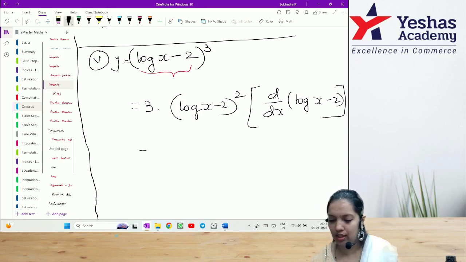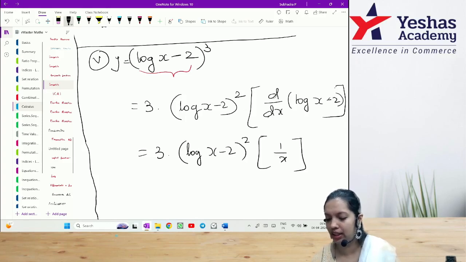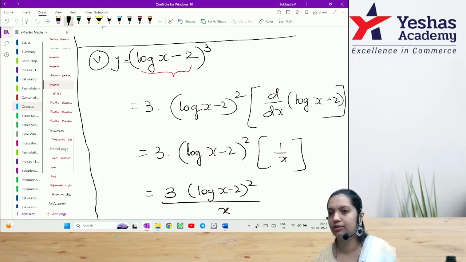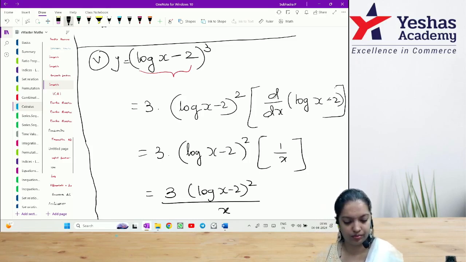This would be 3 into log x minus 2 the whole square into 1 by x minus 0. This is the final answer: 3 into log x minus 2 the whole square divided by x. Done?